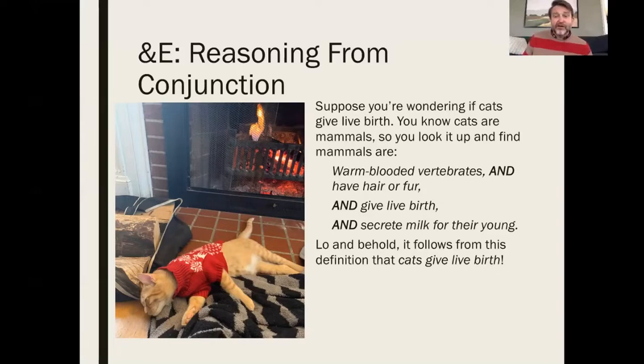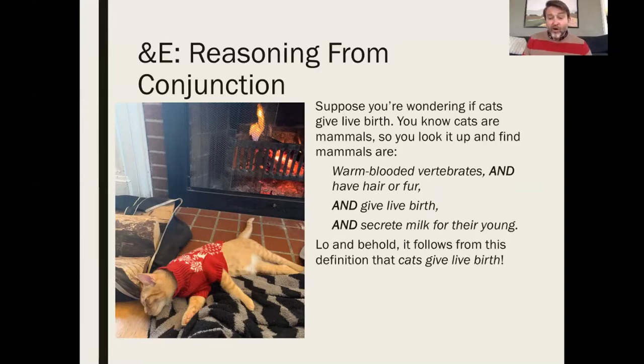So I want you to suppose that you're wondering if cats give live birth. So you know that cats are mammals. So you look it up and find that mammals are the following, and this is a definition I took from an online dictionary. Cats are warm-blooded vertebrates, and they have hair or fur, and they give live birth, and they secrete milk for their young.